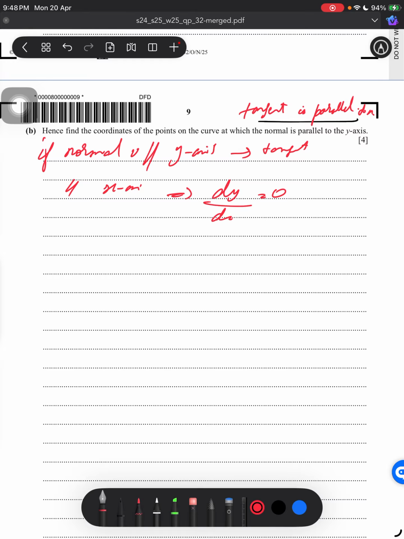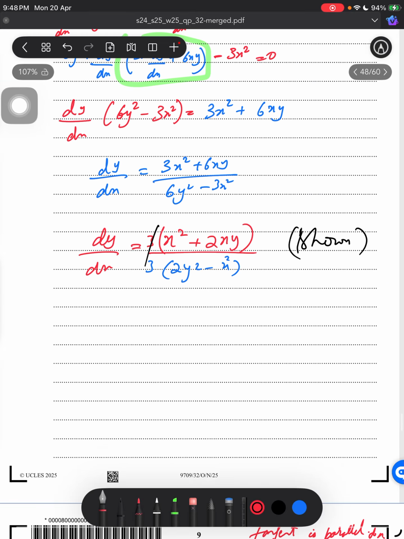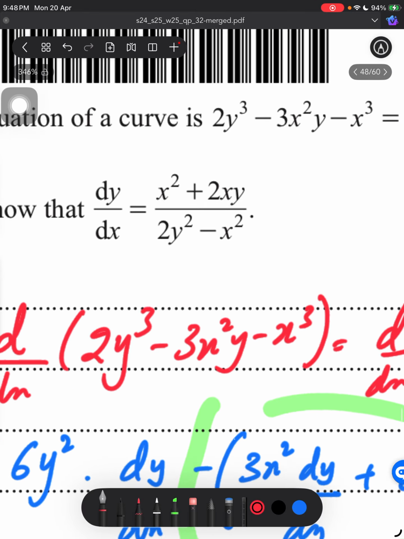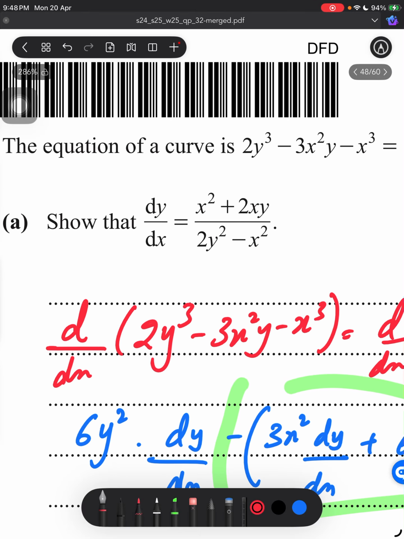So we already have the value, hence this is the value. So what we can do is I'll just bring this down.